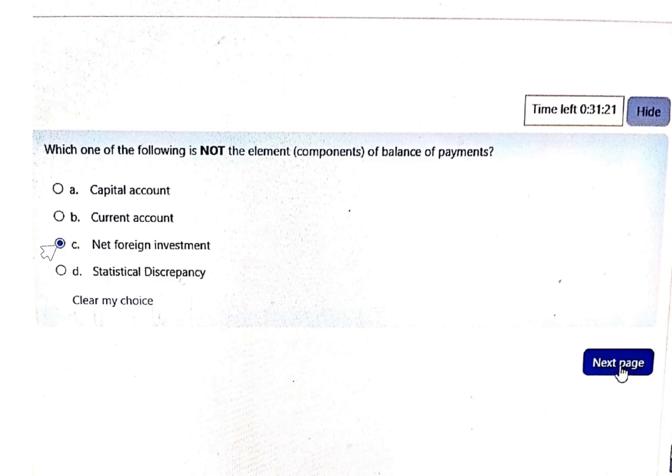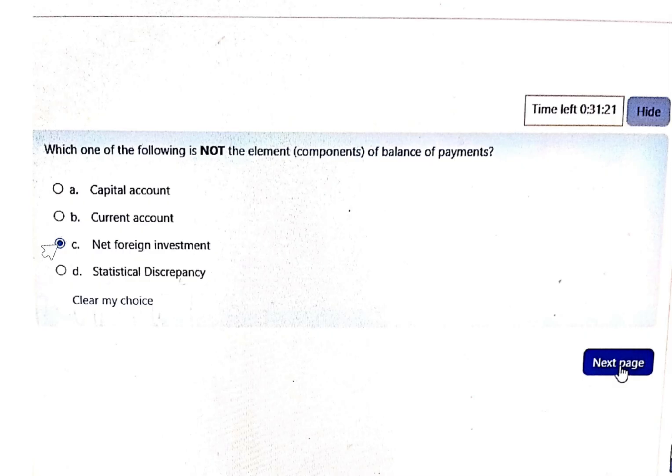Okay, so why is option C not a component? Net foreign investment is not a separate component of the balance of payment structure. It is a result or flow within the financial account, not an independent account. It refers to the difference between domestic investment abroad and foreign investment in the domestic economy.